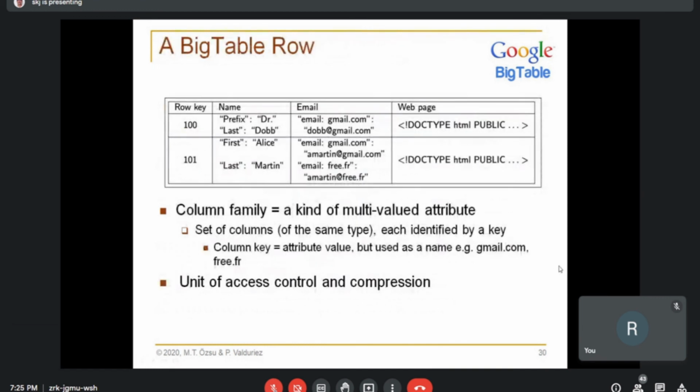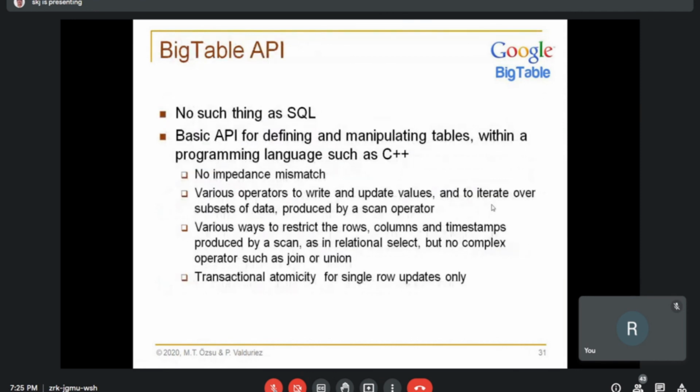A Bigtable row has name, email, web page. Column family is a kind of multi-valued attribute, the unit of access control and compression. Bigtable API: no such thing as SQL. Basic API for defining and manipulating tables within a programming language such as C++.